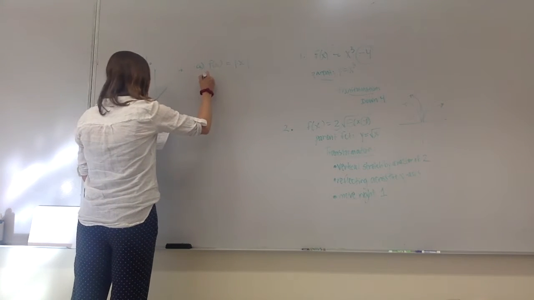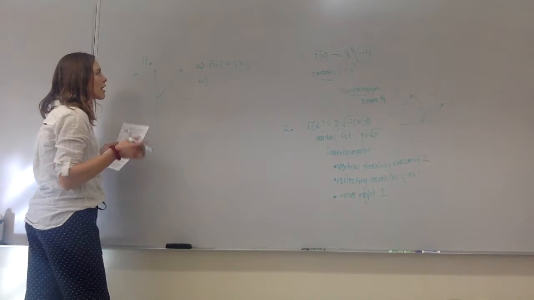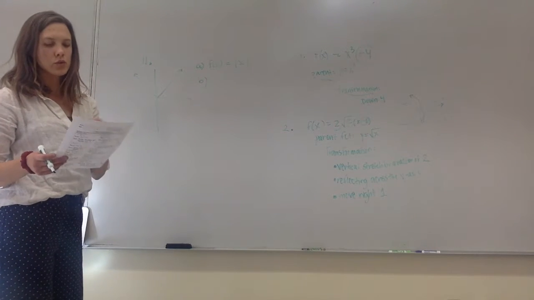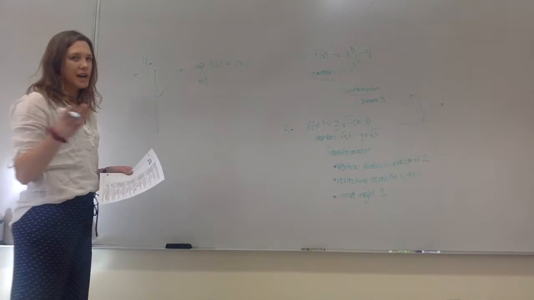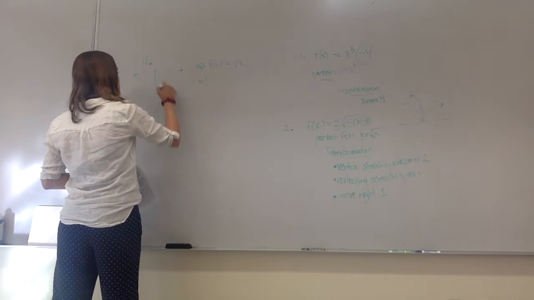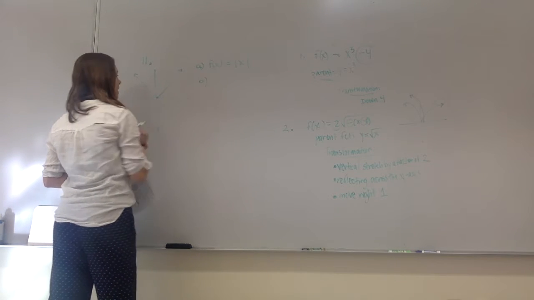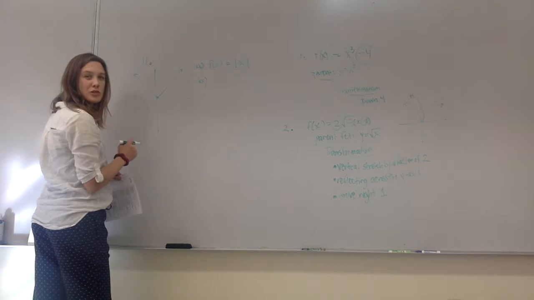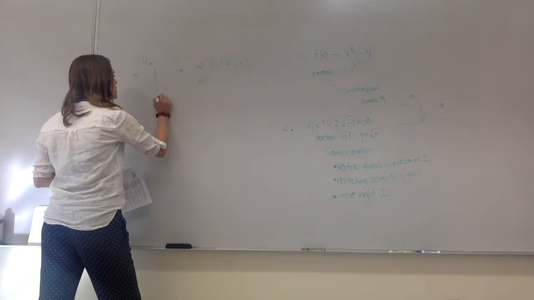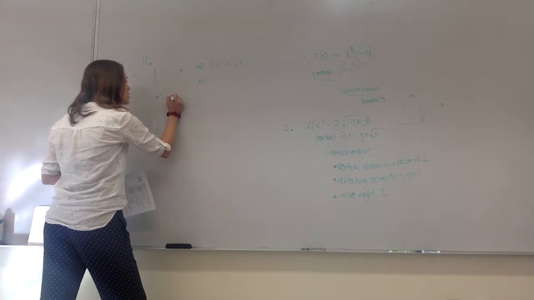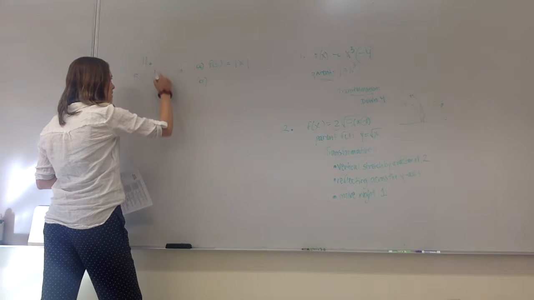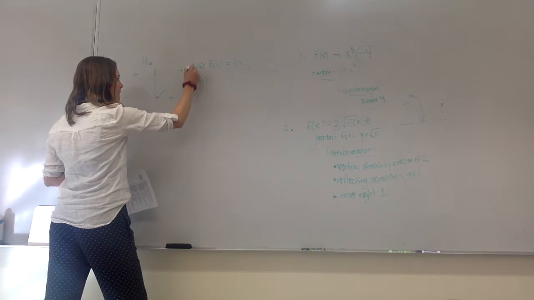That's my parent function. In B, it wants me to write the new equation for when I translate this 2 units to the right. So it wants me to move my point here, or my absolute minimum, or my extreme. It wants me to move 2 values to the right. So it would look something like this.